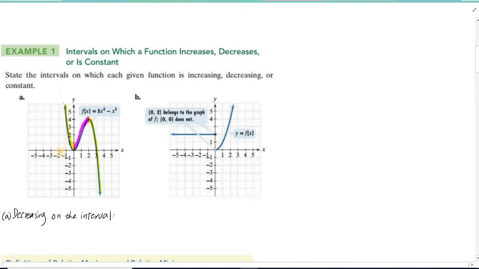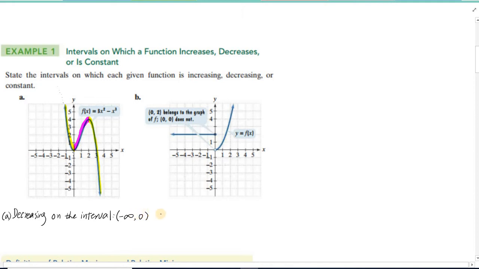Your corresponding x-axis goes on forever, so that will be negative infinity to this point right here. Since I can't really draw a line, I know it's going to be until this portion, okay? So that means negative infinity to 0.